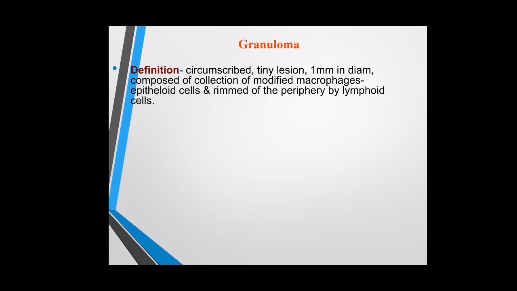The definition: a granuloma is a circumscribed tiny lesion, 1 mm in diameter, composed of a collection of modified macrophages, that is epithelioid cells, and rimmed at the periphery by lymphoid cells. So epithelioid cells are not epithelial cells. Epithelial cells are those seen on the skin or on the surface. This is not an epithelial cell, this is an epithelioid cell. We will see the features of epithelioid cells later on.